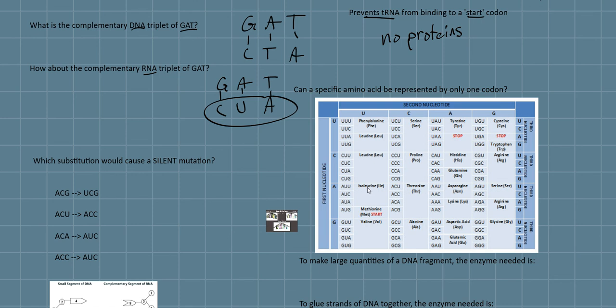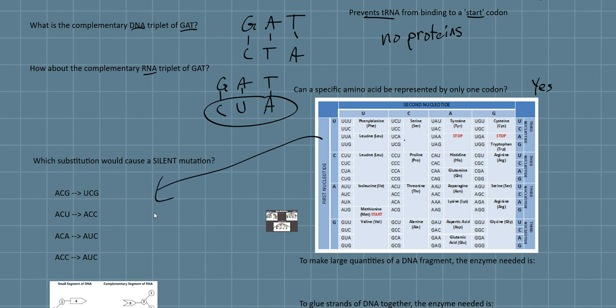So no matter what we look at here, except for if we look at methionine, all of these other ones have at least 2 ways to make them. So the answer here is yes. You could have UUA or UUG. The A or the G here could be different to make leucine, and you'd still get leucine.